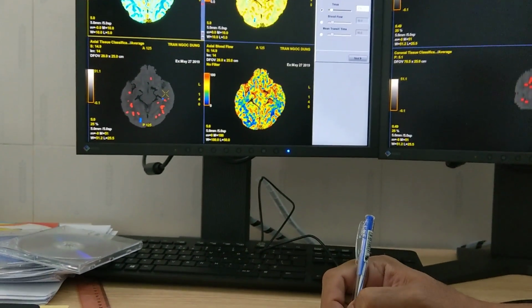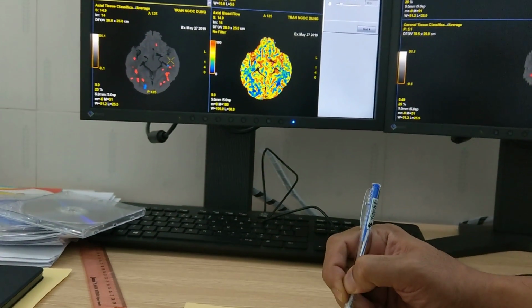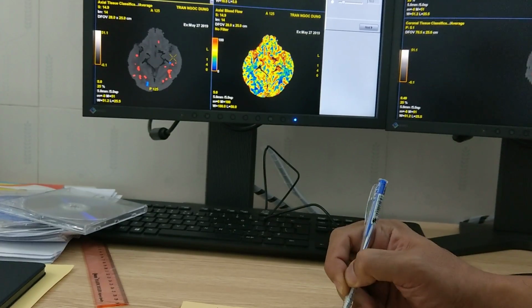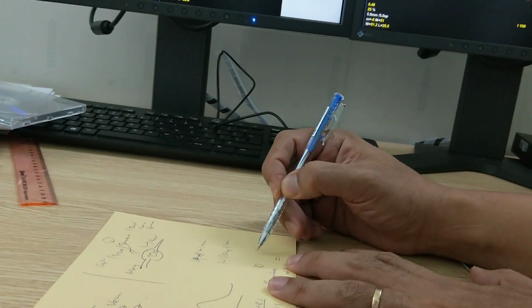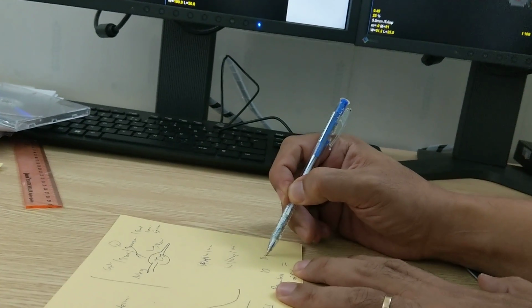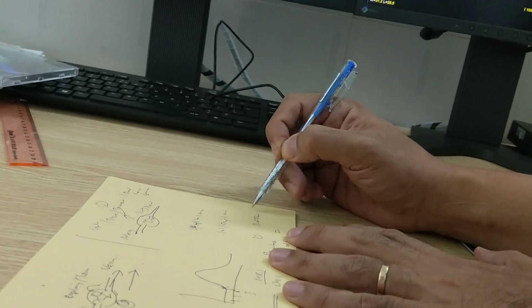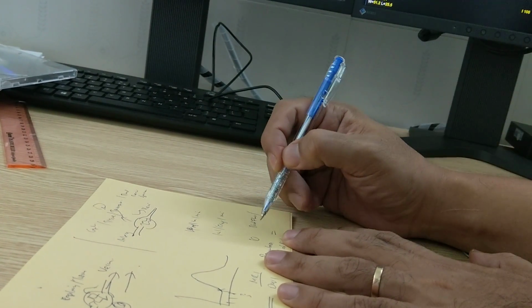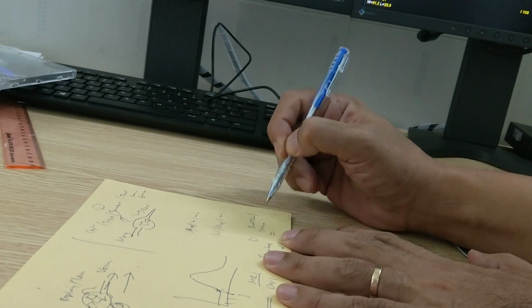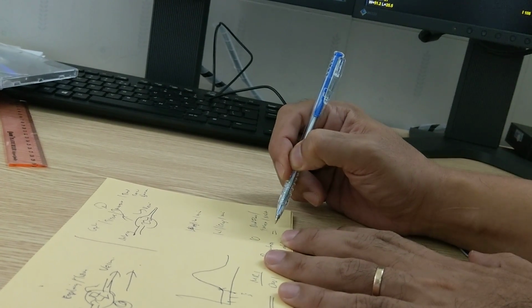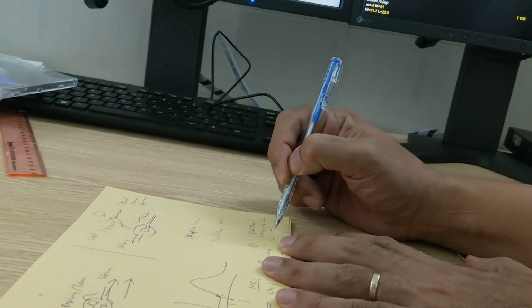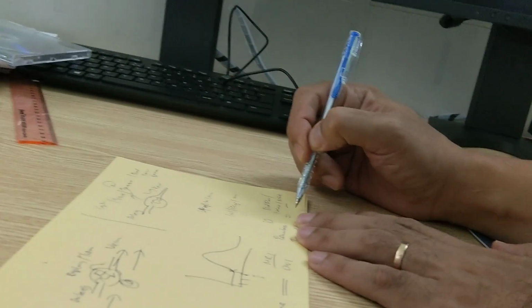Penumbra, or tissue at risk, or tissue that can be saved, is equivalent to either blood flow or Tmax or MTT minus volume.